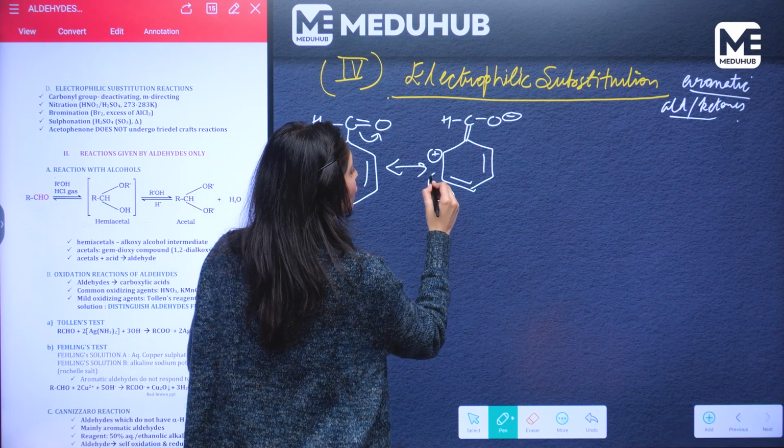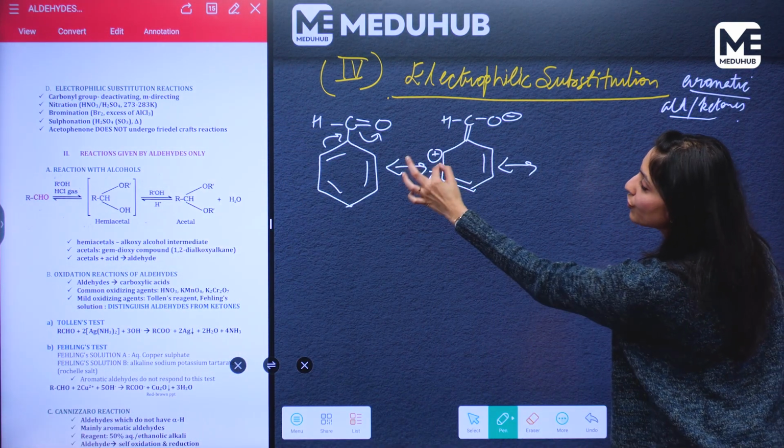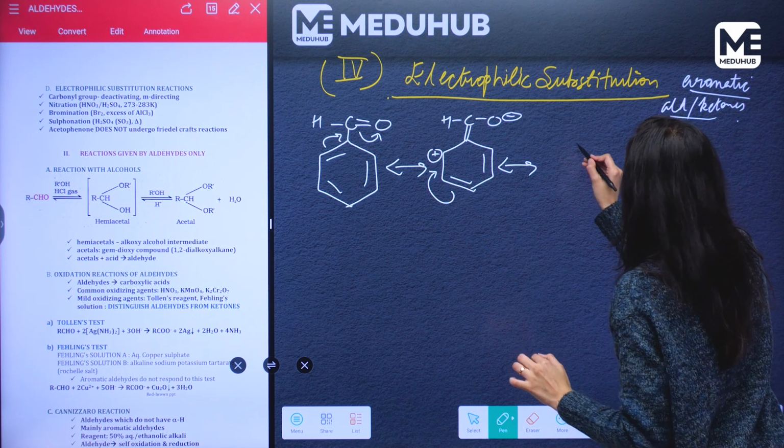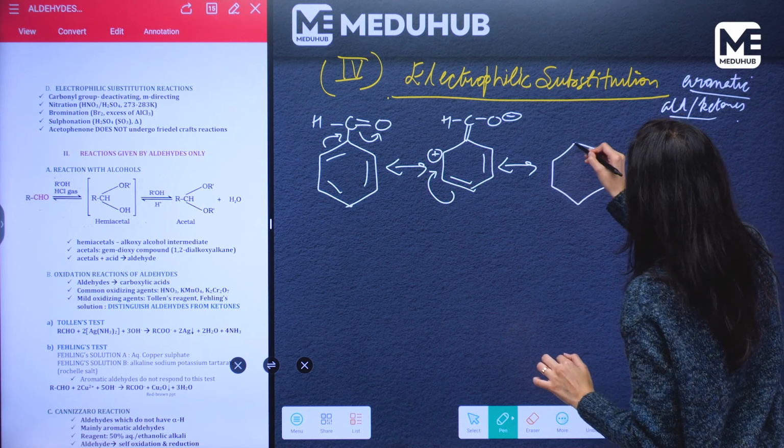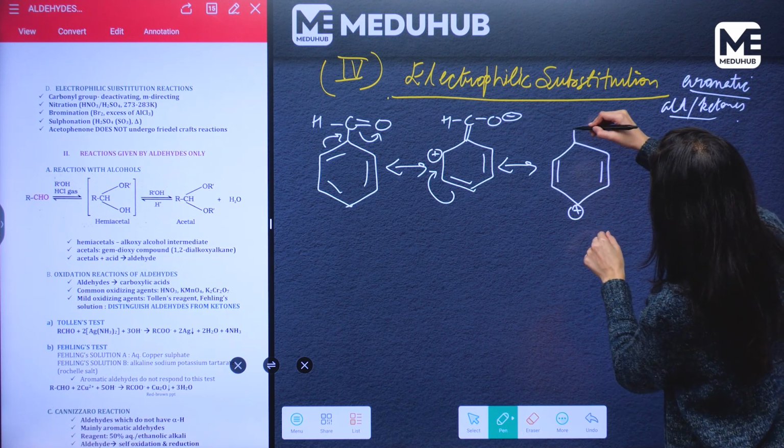If we further draw the resonating structures, these two electrons will move here to form a bond, and the next structure here has a positive charge on the para position.